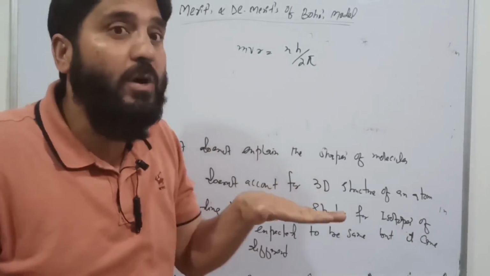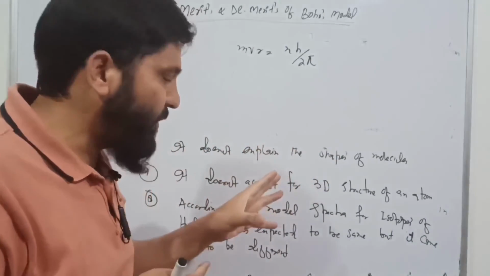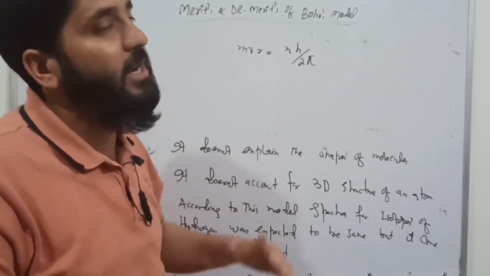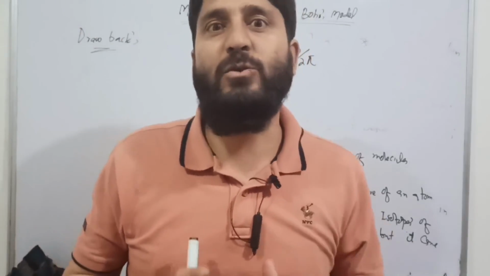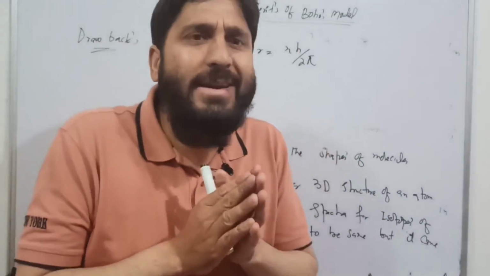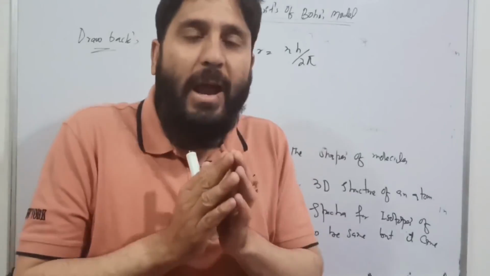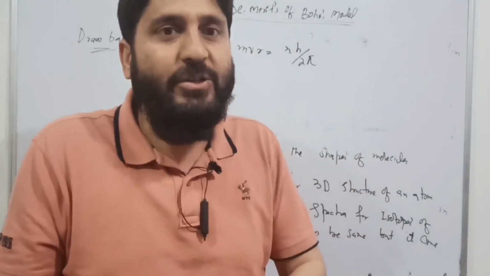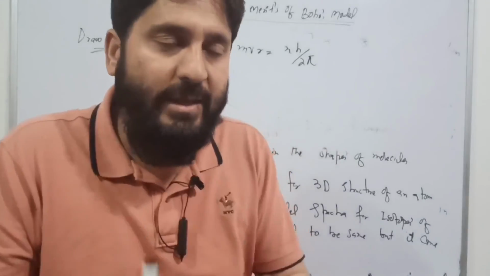This conclusion was after various observations. बोहर ने बहुत सारी ऑब्जर्वेशंस की, उसके बाद ही ये कंक्लूजन आया था that angular momentum must be integral multiple of h/2π. But Bohr could never justify this relation with any of the theoretical explanations. तो बोहर अपनी क्वांटाइजेशन कंडीशन को जस्टिफाई नहीं कर पाए.